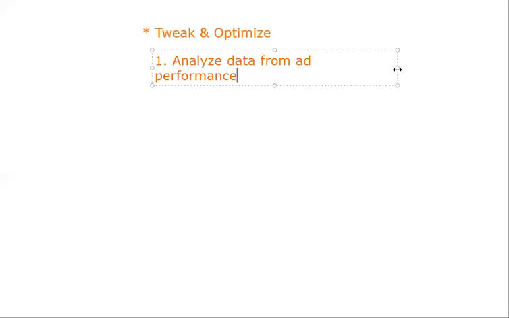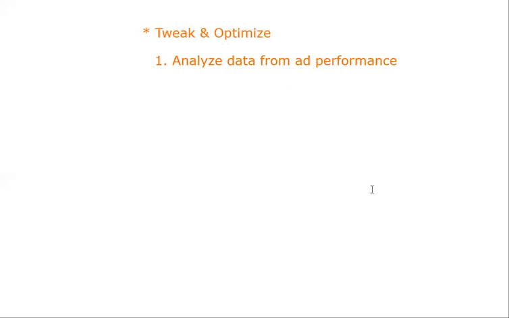All right. Now that we have promoted these ads and we're testing things out, then we start to tweak things, okay? First, what we do is we analyze the information that we're getting from our tests.